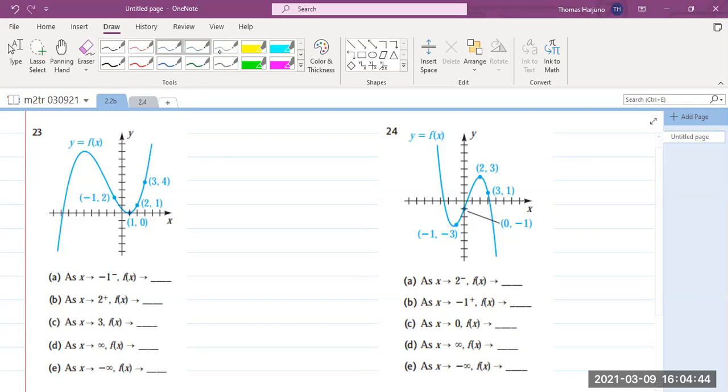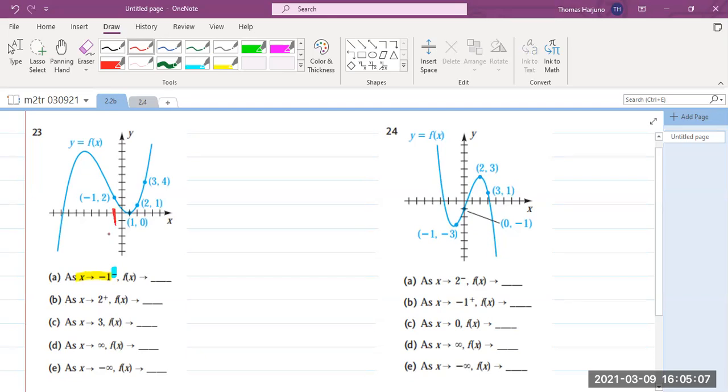As x approaching -1, x approaching -1 from the left hand side. You see this negative on the superscript there. So this is x equals to -1 here.